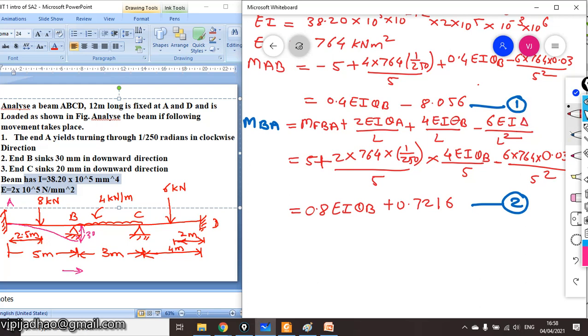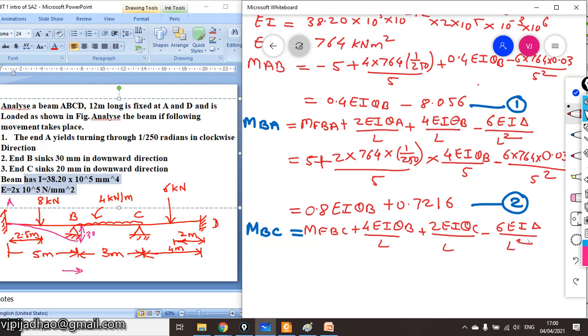Similarly, write down the slope deflection equation for MBC. So equation for MBC will be MFBC plus 4EI theta B divided by L plus twice EI theta C divided by L minus 6EI delta upon L square.